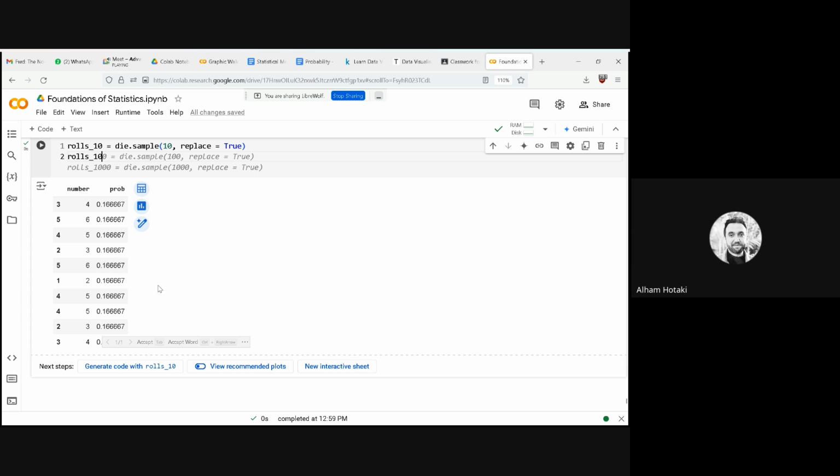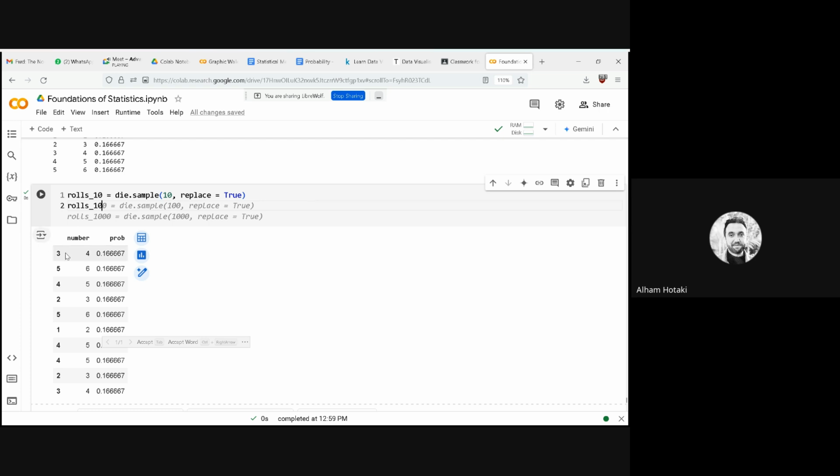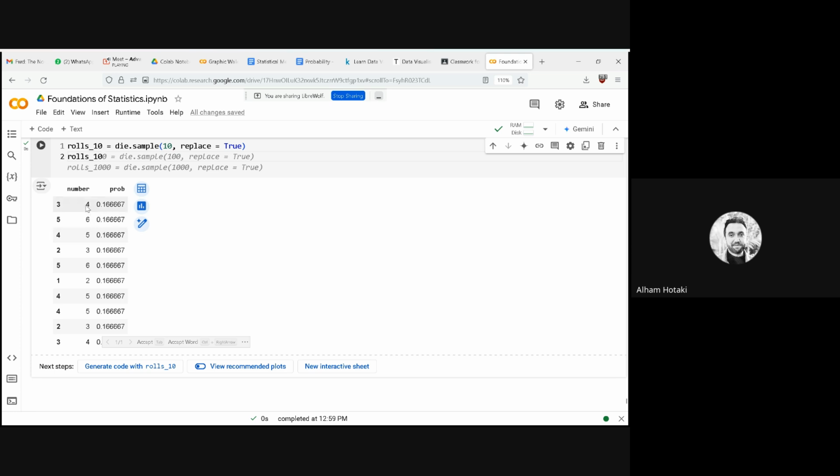So first time when you rolled, number 4 appeared. Second time, number 5, then number 6 appeared.